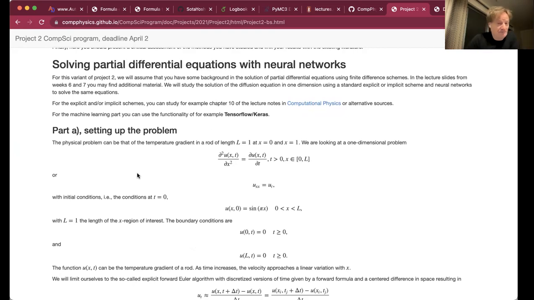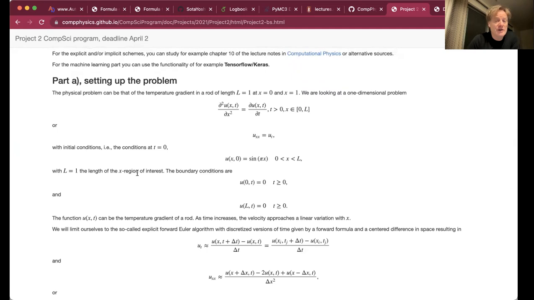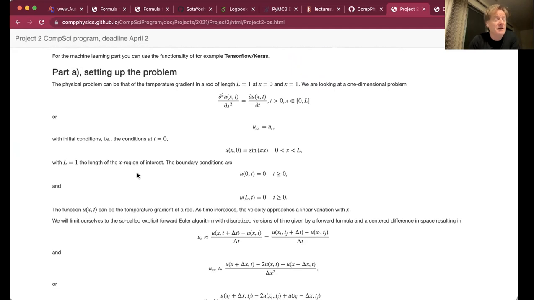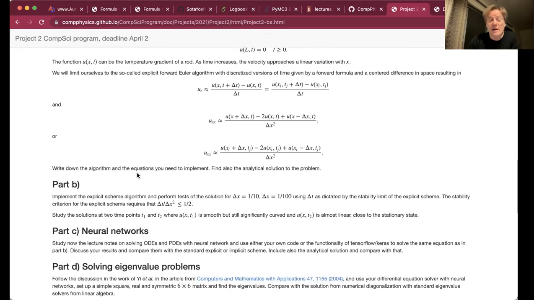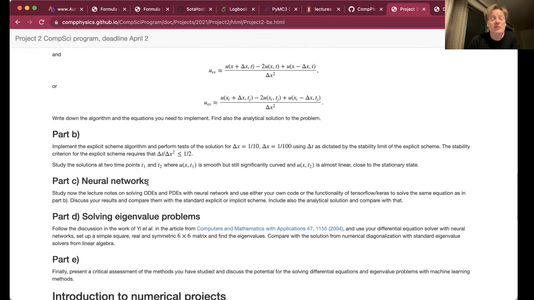The first part deals with a standard implicit or explicit scheme, which is one of the most common approaches for solving this one-dimensional diffusion equation. And after you're done with that, you have the basics for the standard solver for the diffusion equation. And then the next step is actually to compare the solution of the neural network with the standard approaches. In this case, the standard approaches are given by an implicit and explicit scheme.